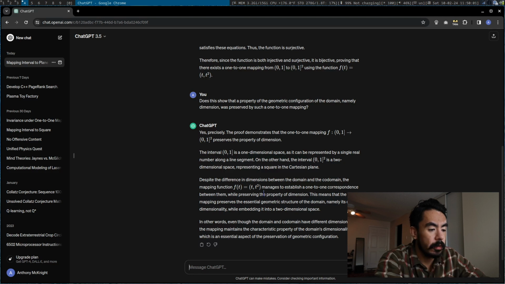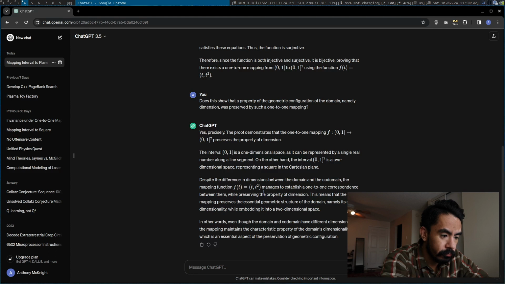So right here it says, yes, precisely. The proof demonstrates blah, blah, blah. Okay, next we have the interval, open at 0, closed at 1, is a one-dimensional space, as it can be represented by a single real number along a line segment. On the other hand, the interval, open at 0, closed at 1, squared, is a two-dimensional space.